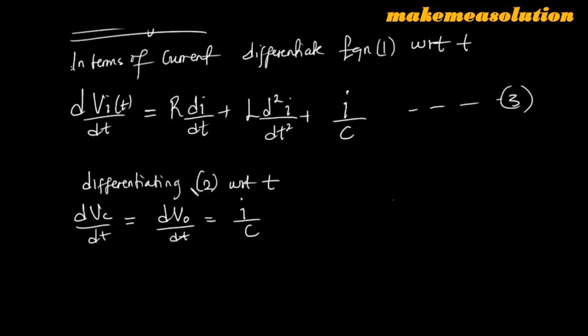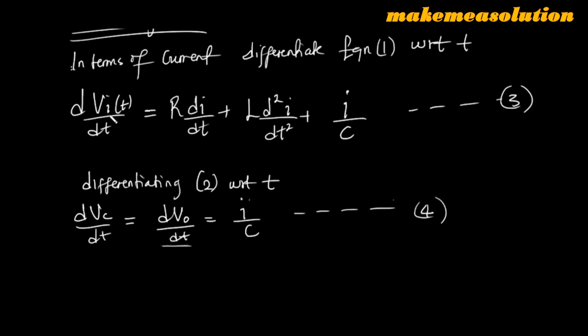So differentiating equation 2 with respect to t, we've gotten this particular case. I'll put it as equation 4. So it means that I can replace this I over C that is occurring in 3 with this particular expression here, dV naught over dt.